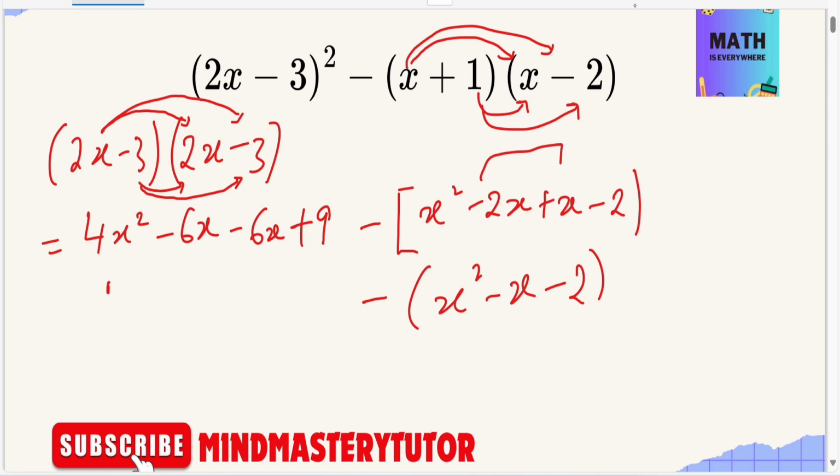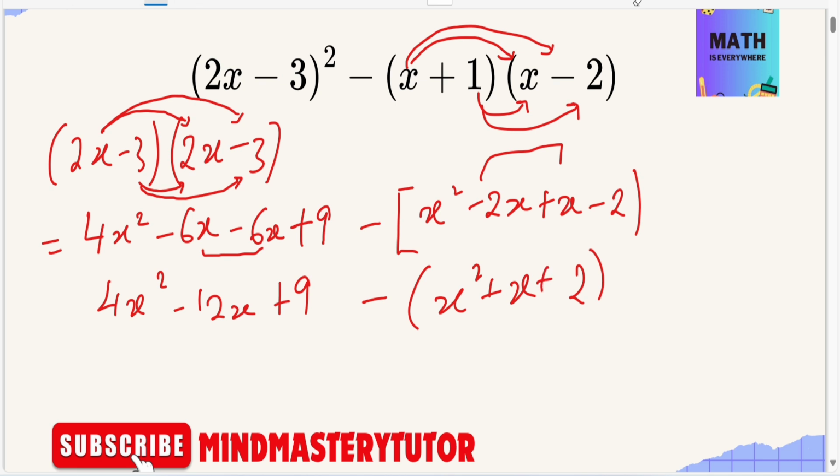Okay, so 4x squared minus 6x, minus 6x. Collect hizo pia hapa ikupe minus 12x plus 9. So if you open up the bracket, this one changes to become positive because of the negative, and this one changes to become a positive as well.